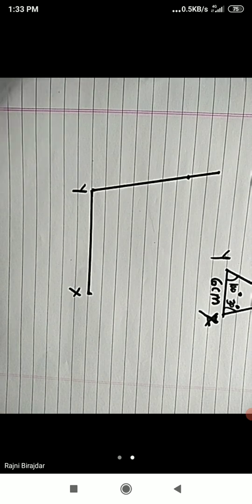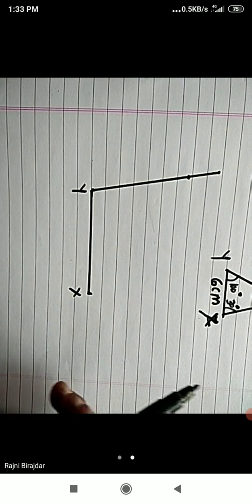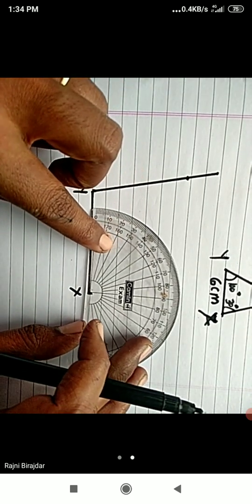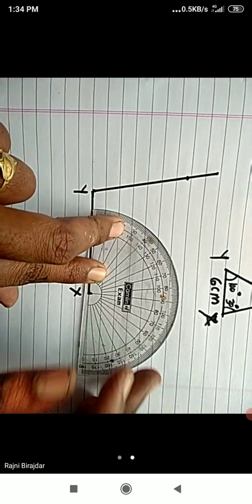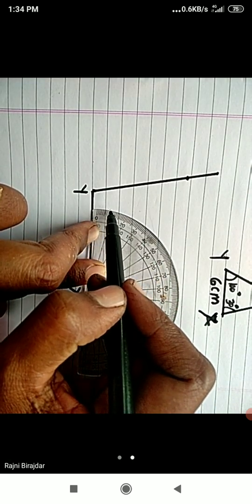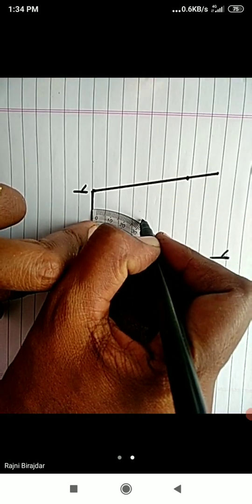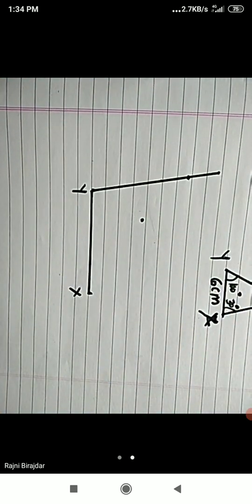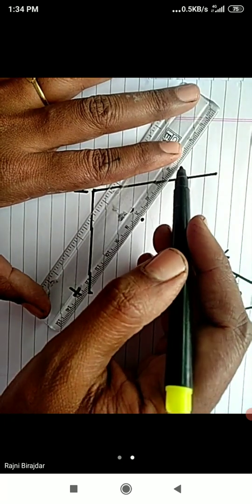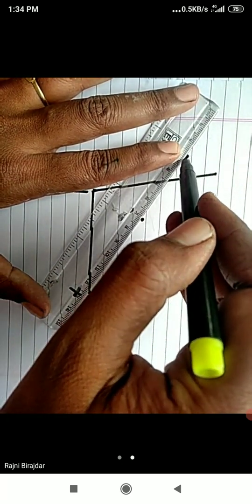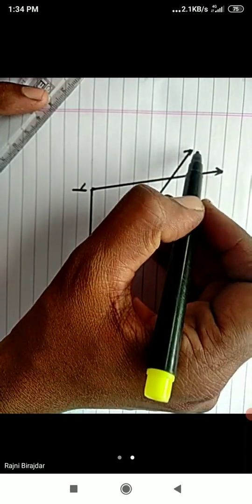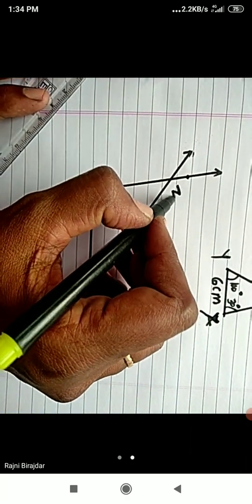Yes. Now X angle, it is 30 degrees. So here you have to keep the protractor, and when you are keeping to this side you have to count from this: 10, 20 and 30 degree mark here, and draw the ray like this, and where they both intersect, that point is our Z point.